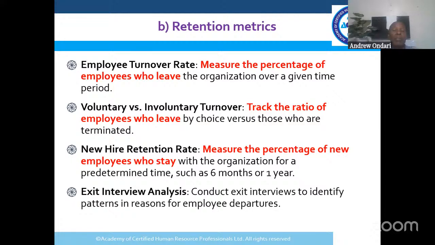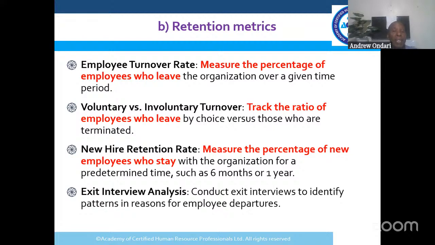Because voluntary termination means that there are many bad things happening in the organization, and that is why they are leaving. But for involuntary, like dismissal, it's like an employee has committed an offense, and therefore action has to be taken. So the worry could be on the voluntary part and much less on the involuntary area.